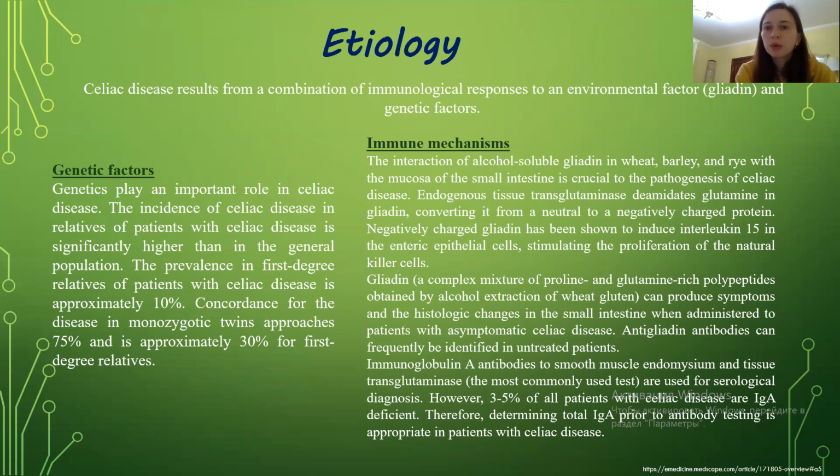Details about the immune mechanism. The interaction of alcohol-soluble gliadin in wheat, barley, and rye with the mucosa of the small intestine is crucial to the pathogenesis of celiac disease. Endogenous tissue transglutaminase deamidates glutamine in gliadin, converting it from a neutral to a negatively charged protein.